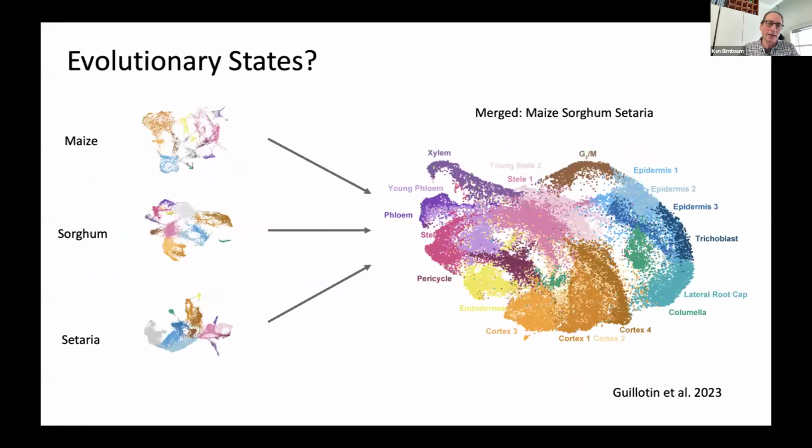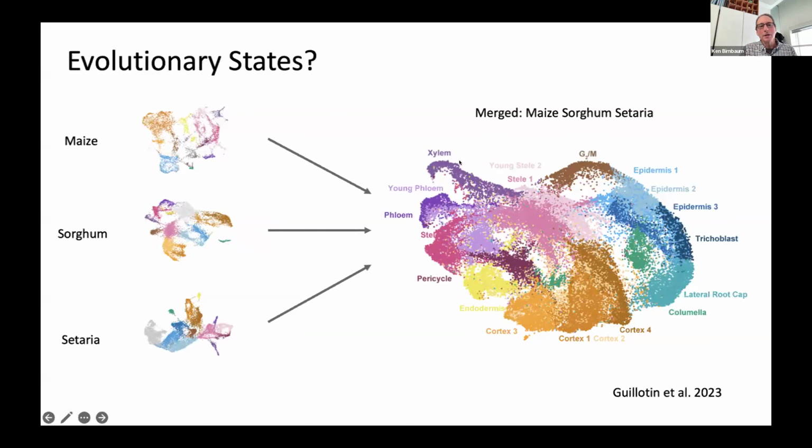And then the final example in Bruno Guillotin's paper here, we took maize, sorghum, and Soteria. These are related species, right? There's only about 60 million years here, but we could map the orthologs well, and so make this comparison, and we can combine it. And indeed, again, the cell types of the individual species will cluster together.